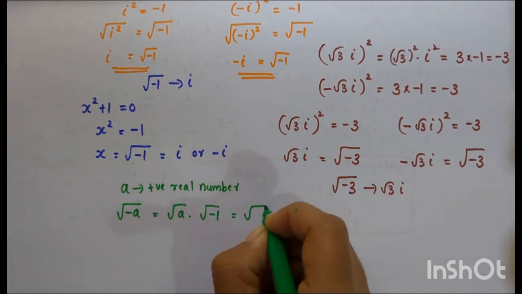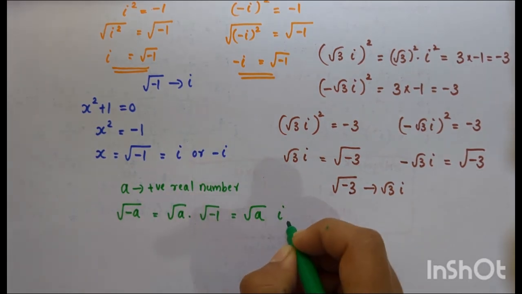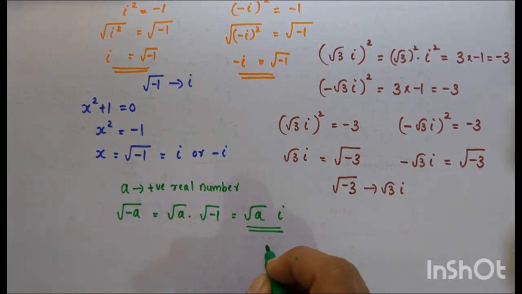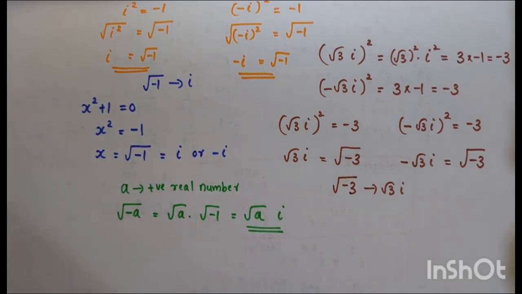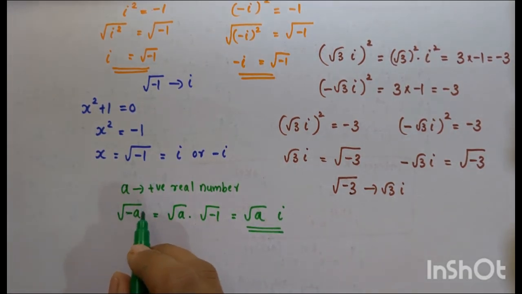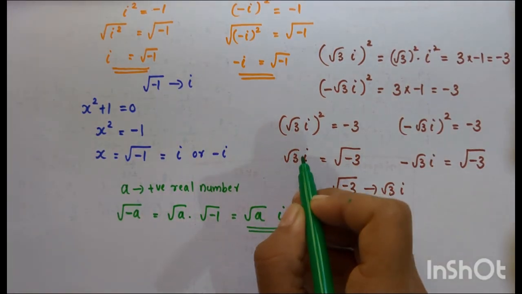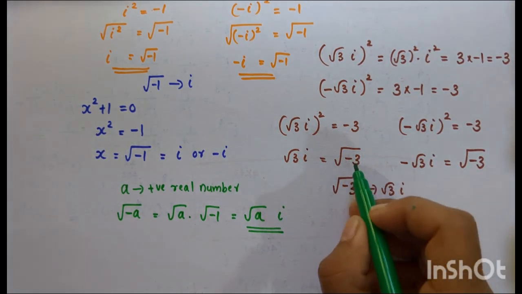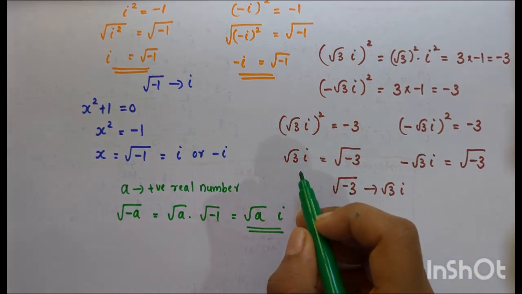That is actually equal to root a into i, that is, root a i. So if a is a positive real number, then the square root of minus a will be equal to root a i. Similarly, the square root of minus 3 will be equal to root 3 i.